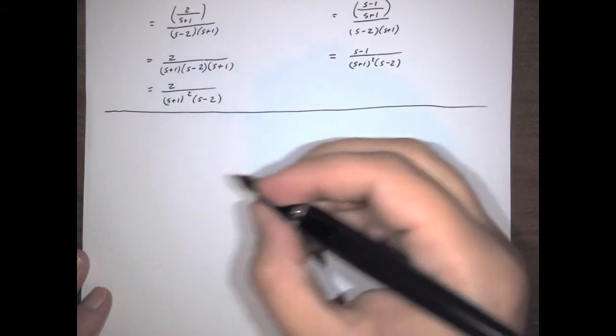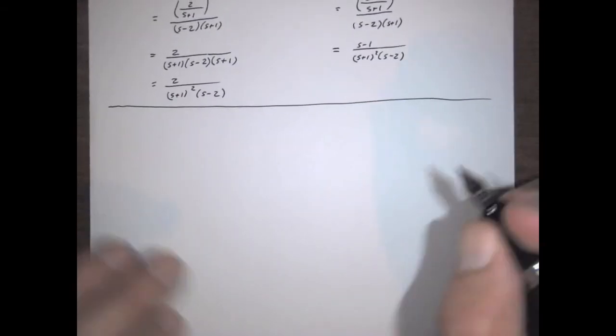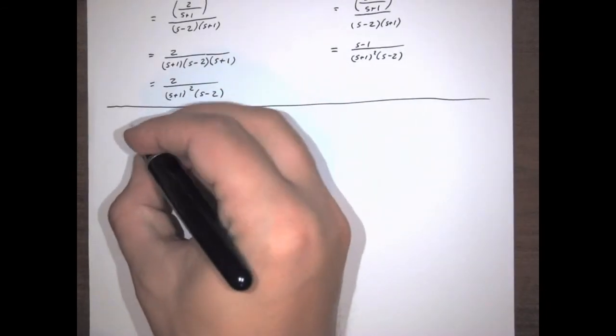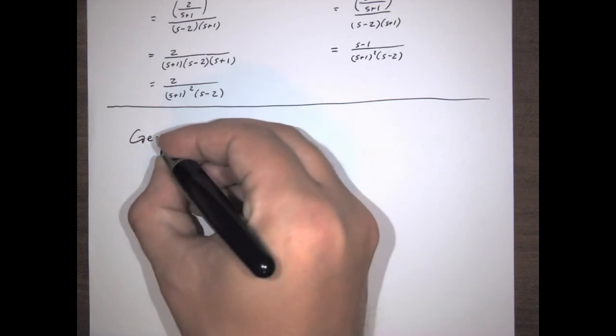Now, the other parts of this section that are of use to us are volume and linear transformations. So let's talk about what a determinant actually means. So the geometric meaning of a determinant.